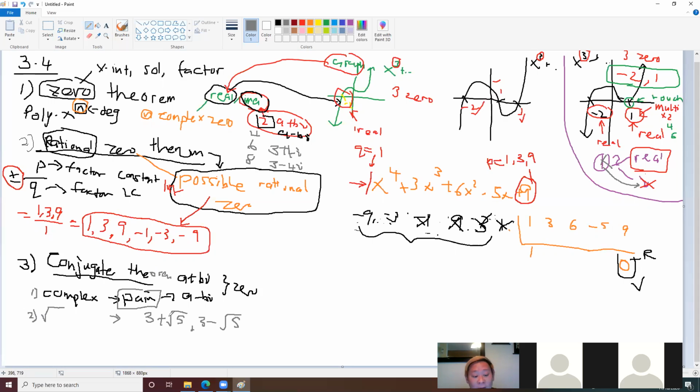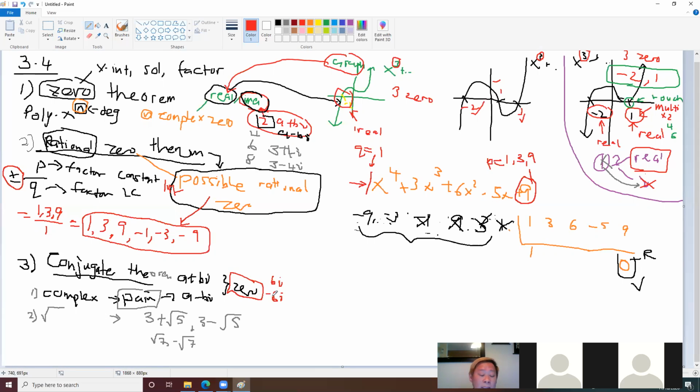If you got yourself a 3 plus root 5, automatically 3 minus root 5. If you got a root 7, then automatically negative root 7 is also a zero. Same thing over here. If you find out that 6i is a zero, automatically negative 6i is also a zero.